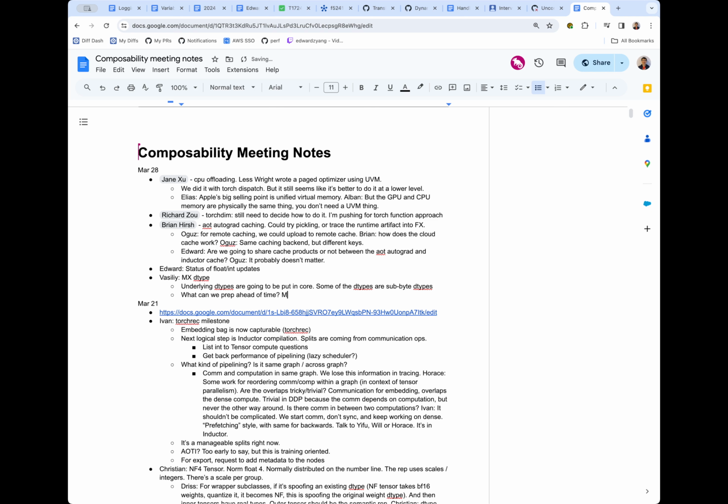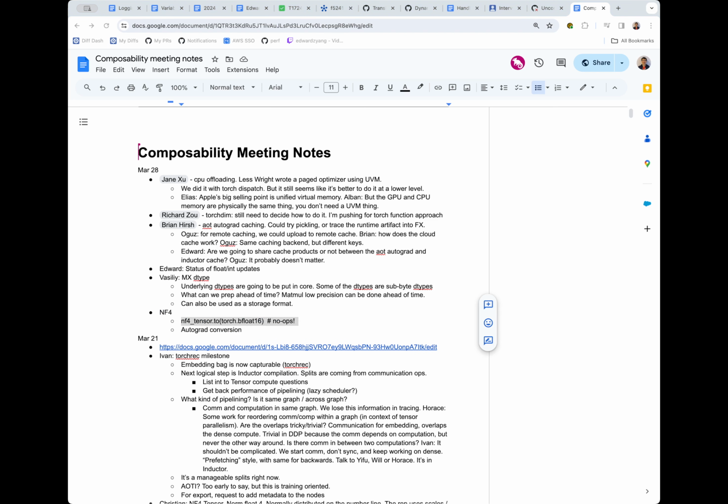Driss: Okay, so I wrote the original API, so I feel entitled to an opinion. Why is it spoofing bfloat16? NF4 is an example of weight-only quantization, and like you said, the activations are in some higher precision, and when you do the matmul, you dequant the weight. How was this originally implemented by me?